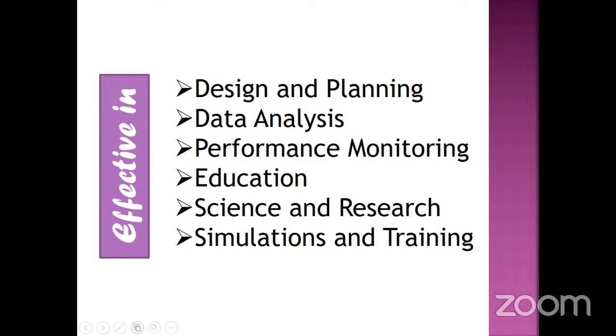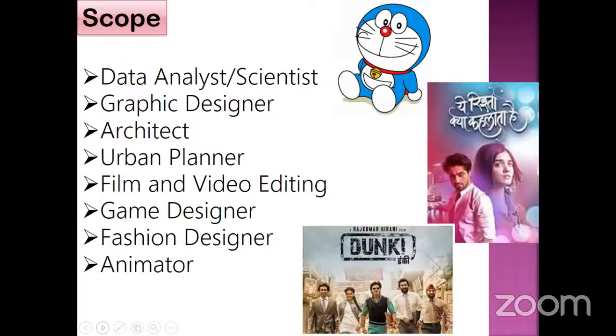But when we are talking about visualization, its benefits and effective areas, the question naturally comes to us: what is the scope of visualization? So next slide. The scope of visualization has always been very wide, and nowadays in the digital world, we are getting many more opportunities which are solely dependent upon visualization, like movies, cartoon serials, animations, GIFs, use of AI tools, the videos that we create, and the most commonly formed memes.